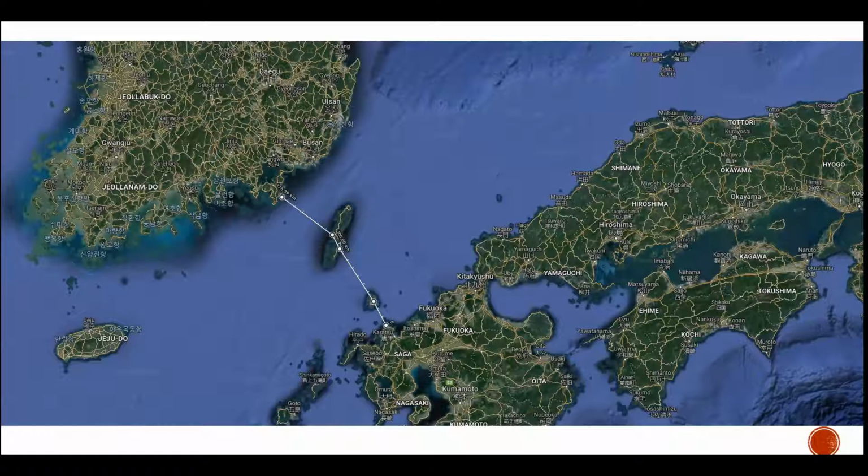So if you see this picture, I got it from Google Maps. I tried to identify, because I am not very familiar with this area, and measure the distance between Japan and Korea.